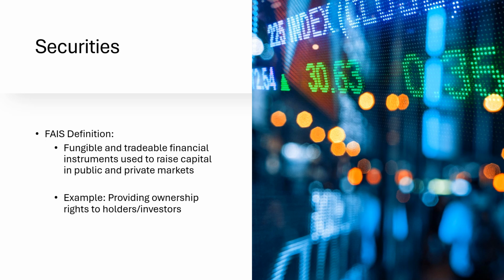With securities, this is probably my least favorite product to explain. So FAIS just says the definition of securities: this is a fungible and tradable financial instrument used to raise capital in public and private markets. So basically here we're not really investing with money. We are investing with things that we can turn into money.